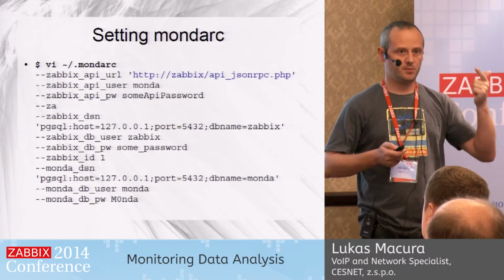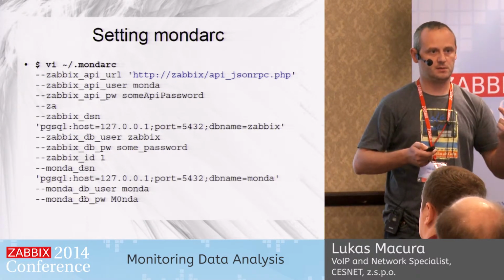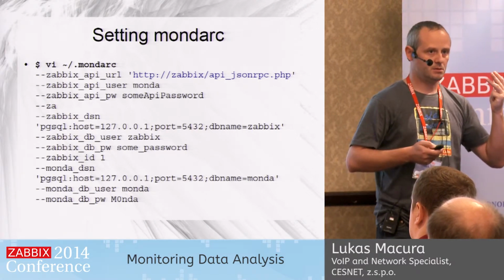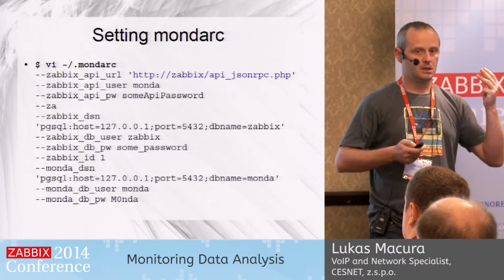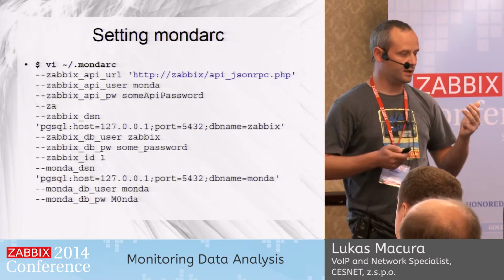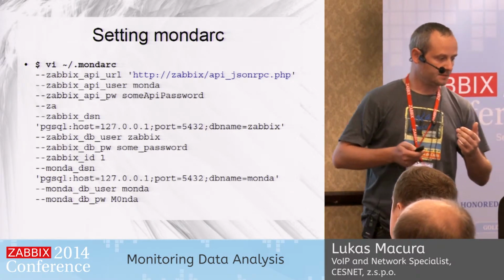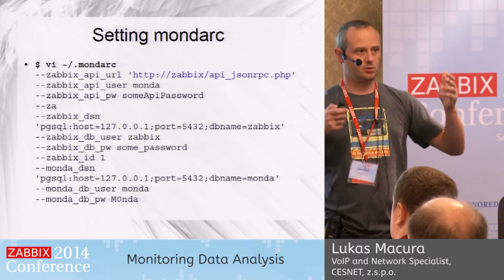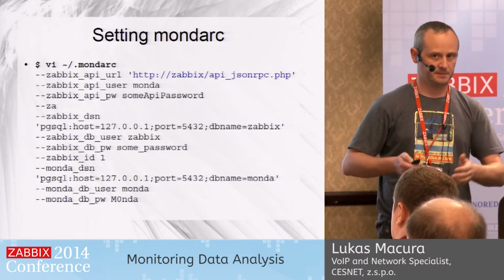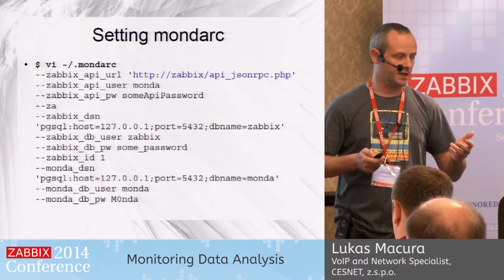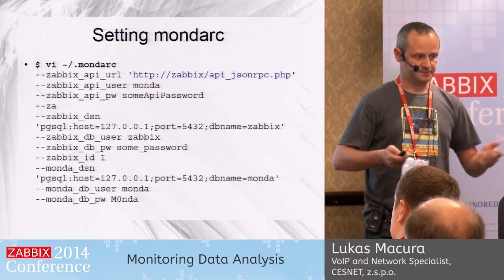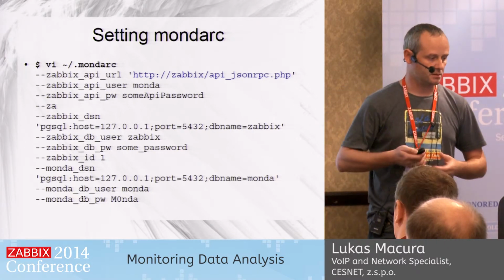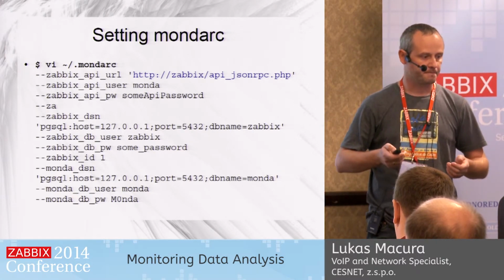It needs some user and password for the API. It needs a DSN for the Monda database. And we use a Zabbix ID. It means you can have more Zabbix servers, and each of them will have its ID in Monda for next mathematical operations.